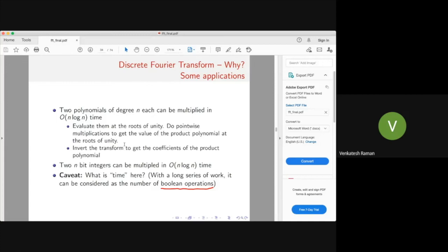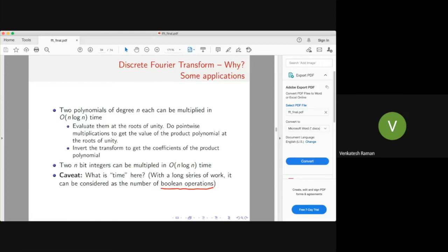Well, you can get around complex numbers, meaning the issues with precision, by going to a large integer ring which has roots of unity. So you don't have to worry about precision, but still you will be multiplying large numbers, and it may be unreasonable to assume that multiplying two one-digit numbers and multiplying two n-digit numbers take the same time. So this is one problem.